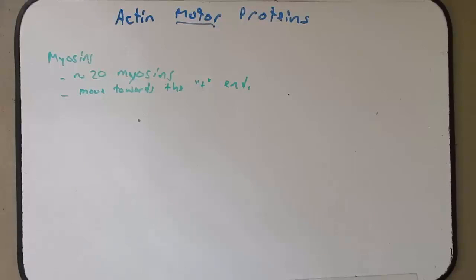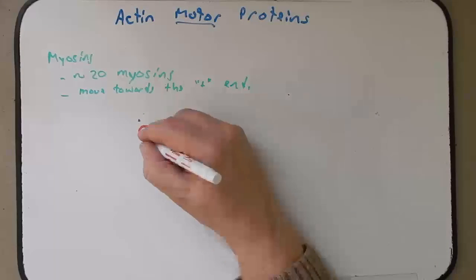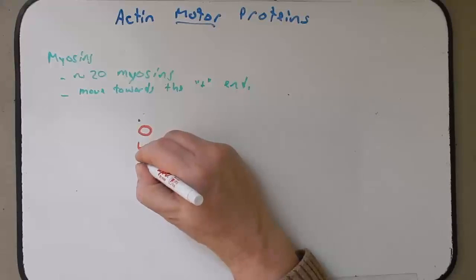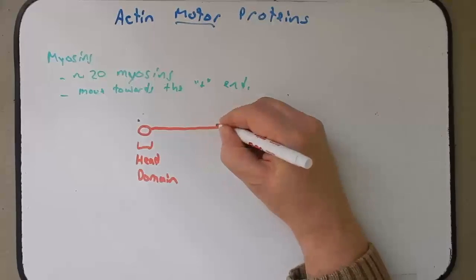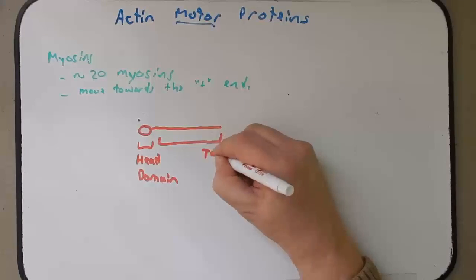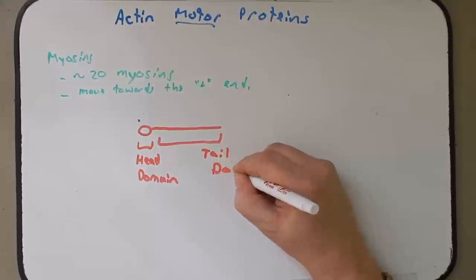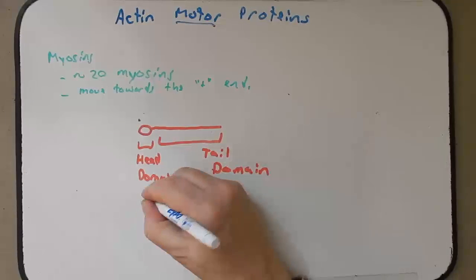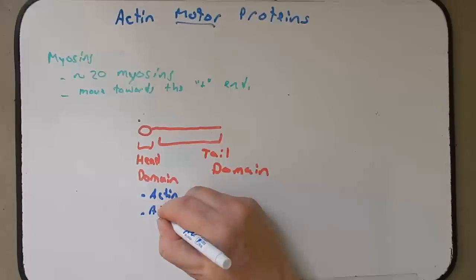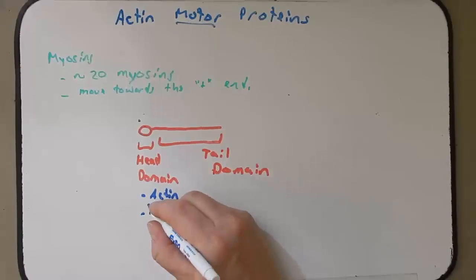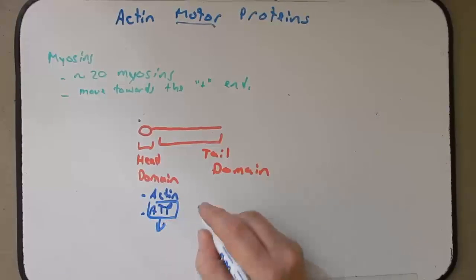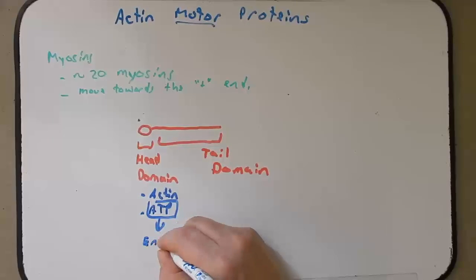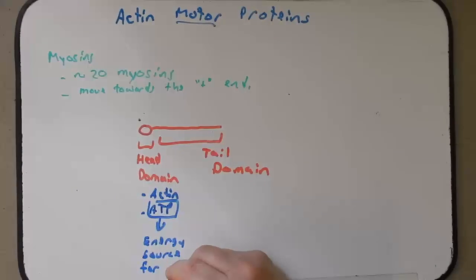Real briefly, they will all have this end here that we call the head domain, and then they will have a tail, which cleverly enough is called the tail domain. The head domain binds actin and ATP, and it will also hydrolyze ATP. And ATP, as you might guess, is the energy source for motor movement.